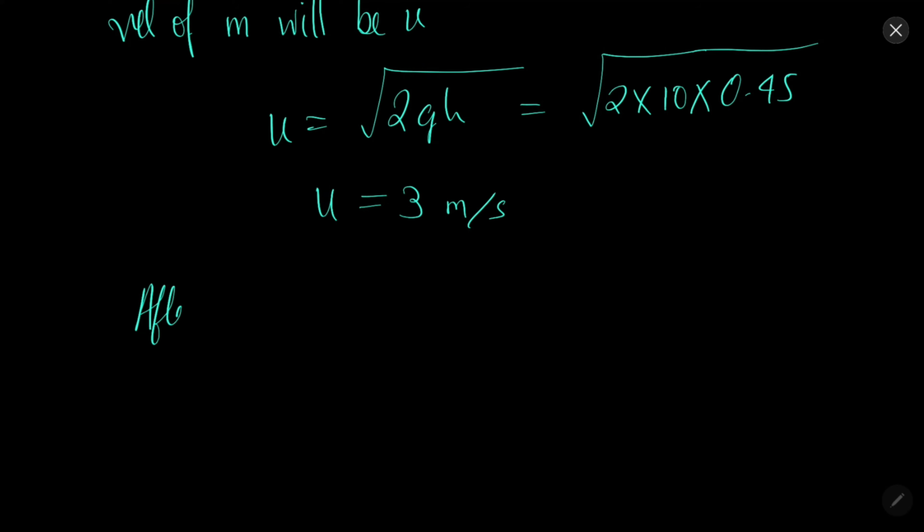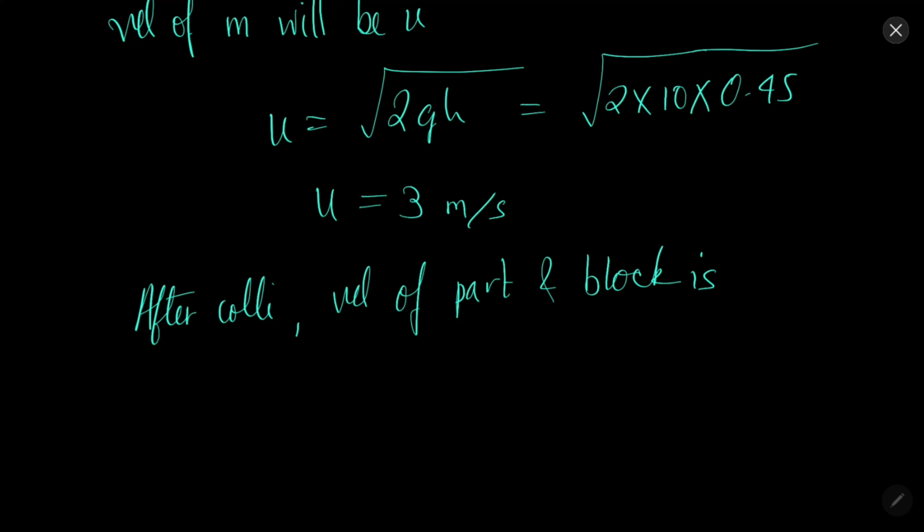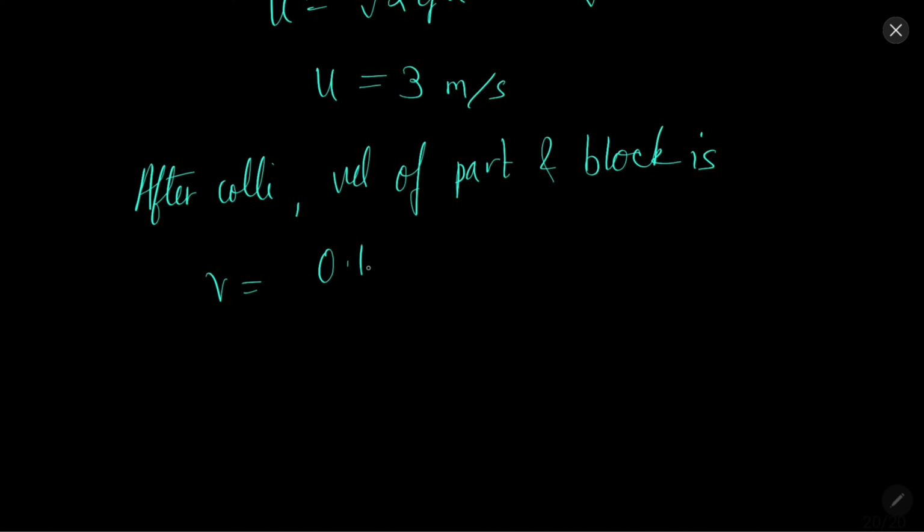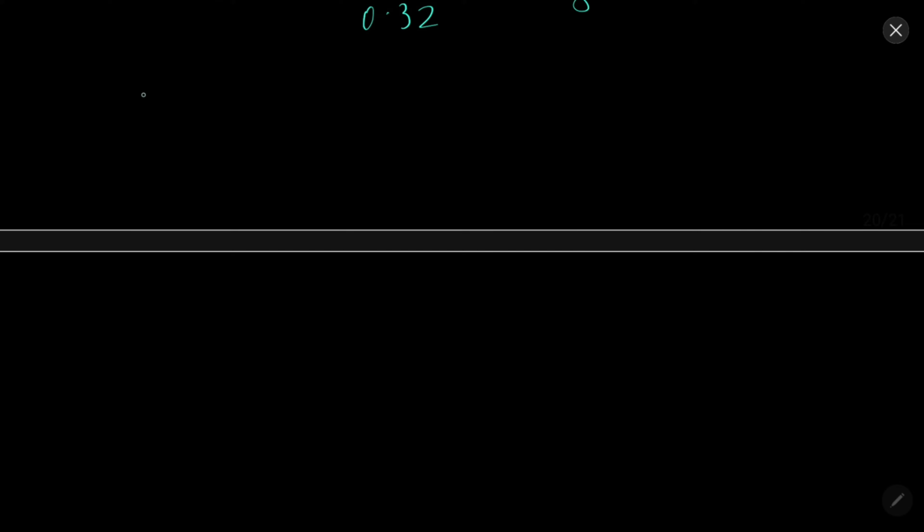Now after collision, the velocity of particle and block will become one, so the velocity will be the same. It will be 0.12 into 3 over 0.32, which gives 9/8 meters per second. Now let the spring be stretched by delta.